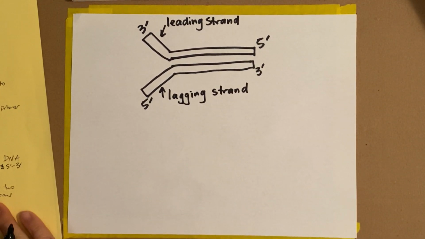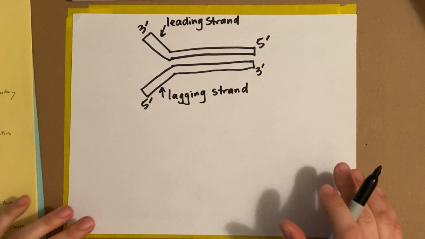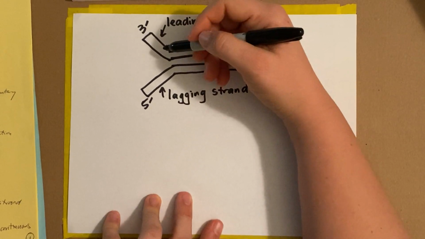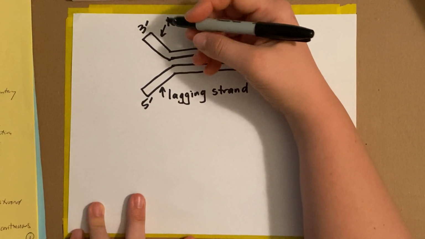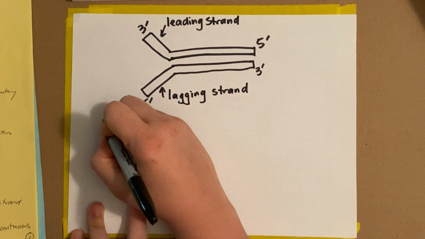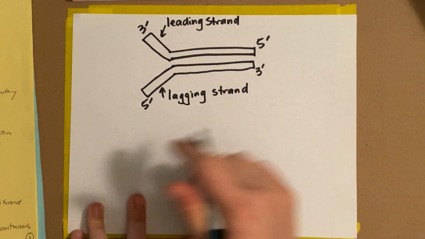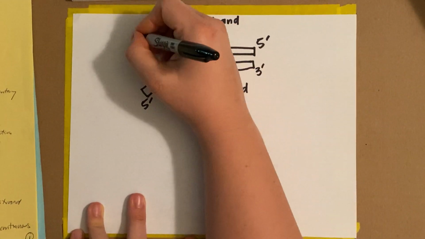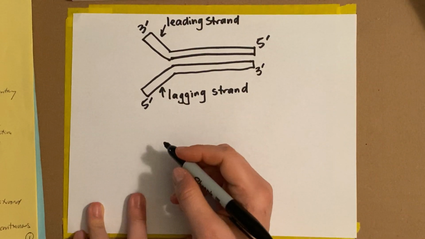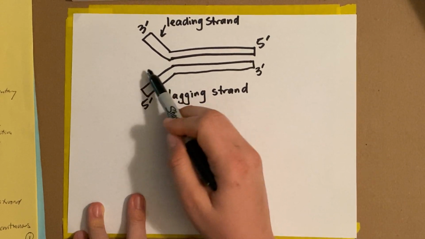So when we're actually going through the process of DNA replication, when the DNA is actually pulled apart, and we'll talk about what enzyme does that, the leading strand is going to be able to be made in a continuous synthesis from the 5' to 3' direction, okay? Because the new strand we're going to add on is going to be 5' to 3'. Okay, the lagging strand is not going to be able to be made in the same exact way, okay?